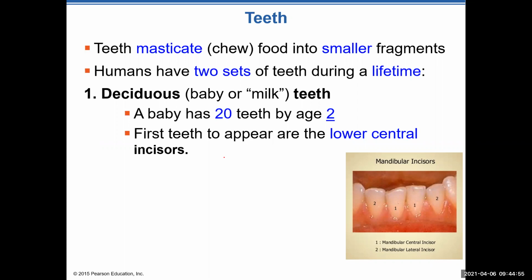And if you remember, I said that carbohydrate digestion starts from the mouth itself, right? We have an amylase enzyme present in the mouth itself. So it's very important to chew the food, to masticate the food, so that carbohydrate digestion will start from the mouth itself, right?